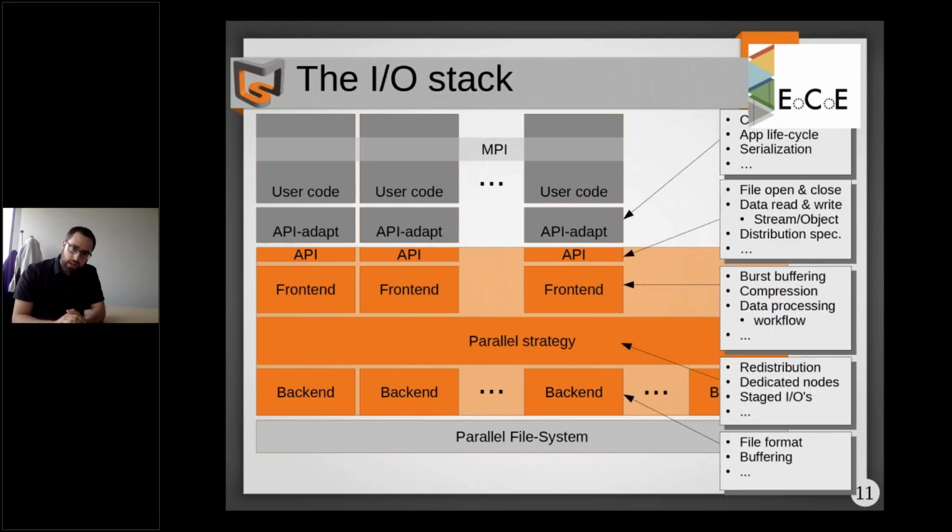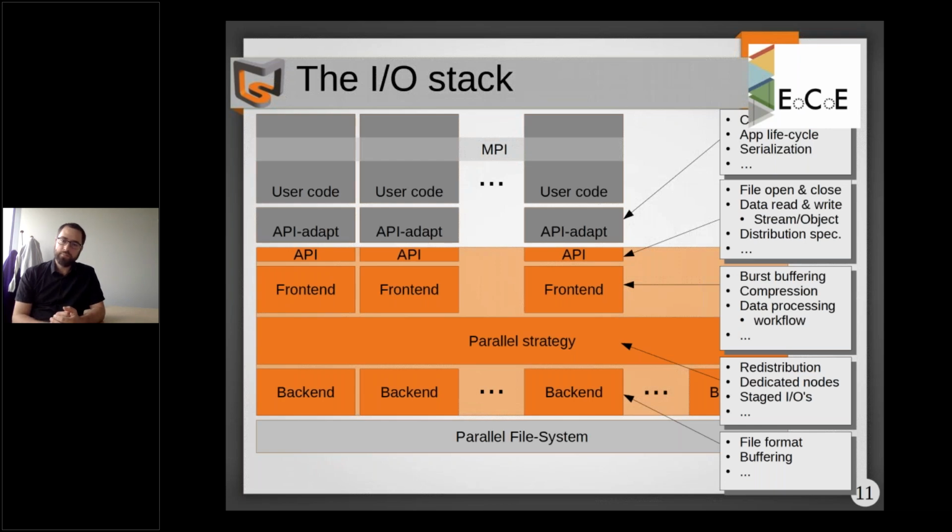So there is the first part that is hidden here, but inside the code we might need to adapt from the user code domain-specific concepts to the I/O library API. Then we have the actual API that provides stuff such as opening a file, closing a file, writing. So here we can have either stream-oriented writes or object-oriented writes. We specify the distribution of the data in case of parallel API, etc., etc.